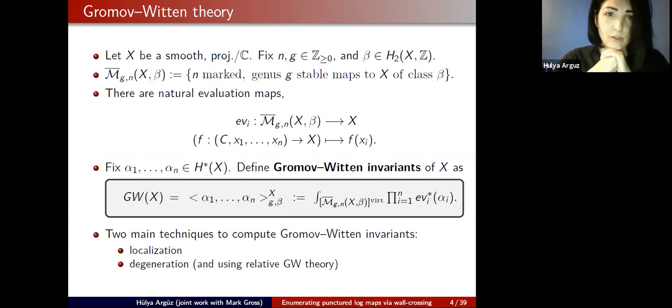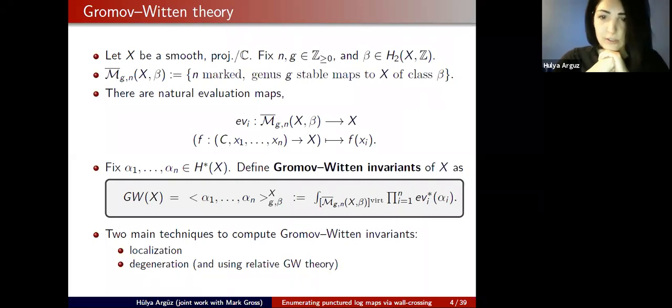When you consider n-marked genus g stable maps to X of class β, you consider the moduli space, which we denote by M̄_{g,n}, and there are natural evaluation maps from this moduli space to X. And when we fix, in addition, some cohomology classes, we define the Gromov-Witten invariants associated to this data by taking the pullback of these cohomology classes under these evaluation maps and integrating over the virtual fundamental class.